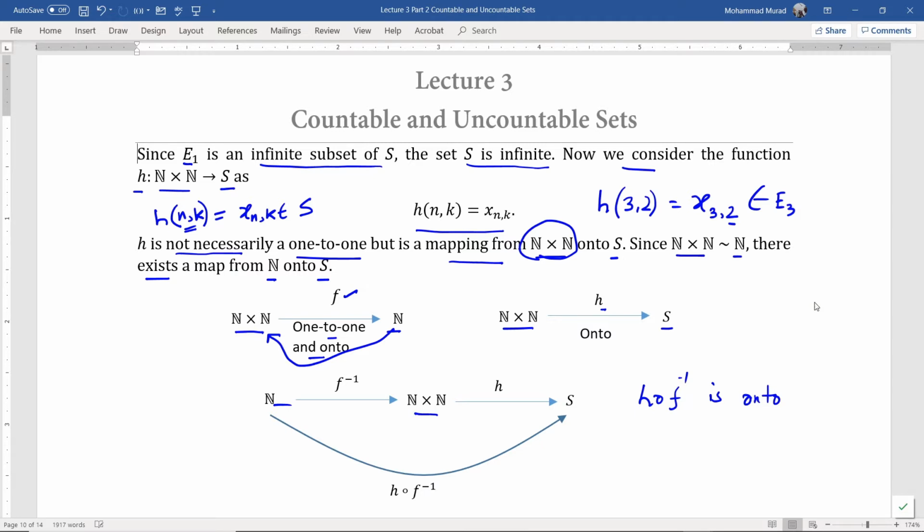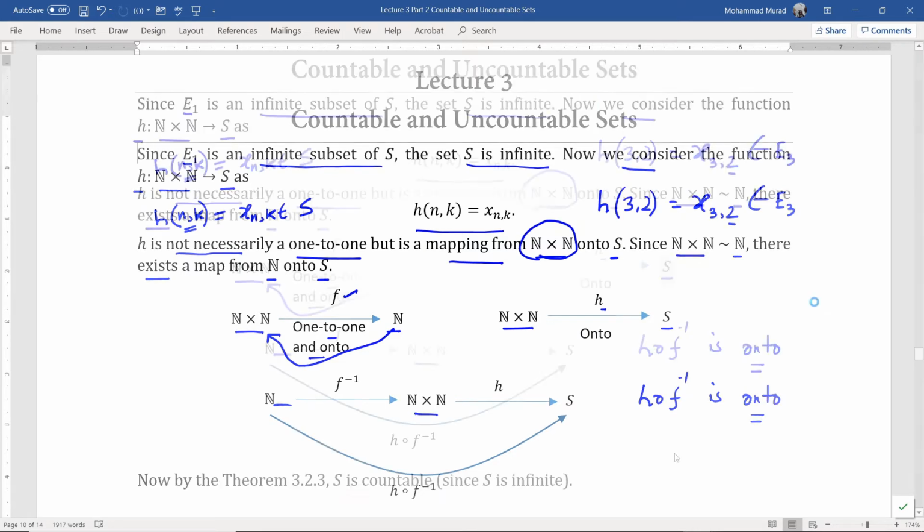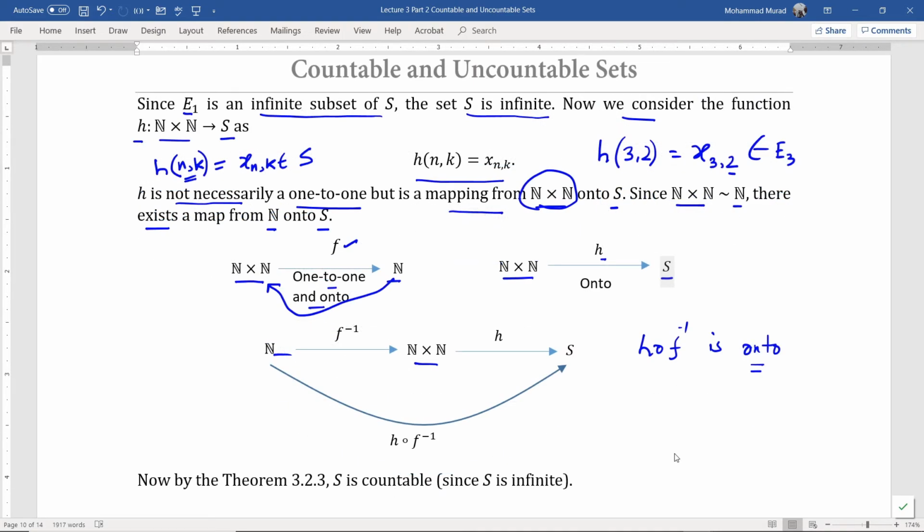Since F is onto, hence F inverse is onto, and H is onto by construction. So their composition must also be onto. Now, by theorem 3.2.3, S is countable, since S is infinite.